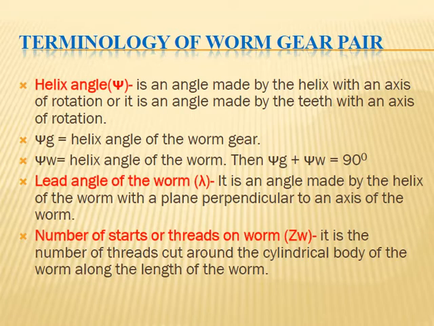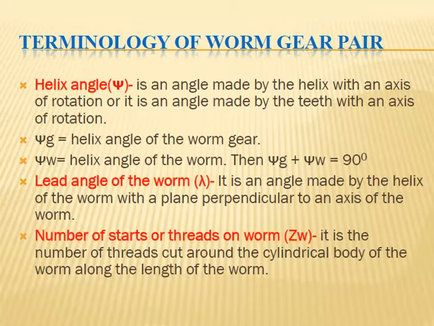If we consider the helix angle as psi, then psi w is the helix angle for the worm, and psi g is the helix angle for the worm gear. We know that there is a 90-degree angle between the two non-intersecting shafts, so psi w plus psi g is equal to 90 degrees.